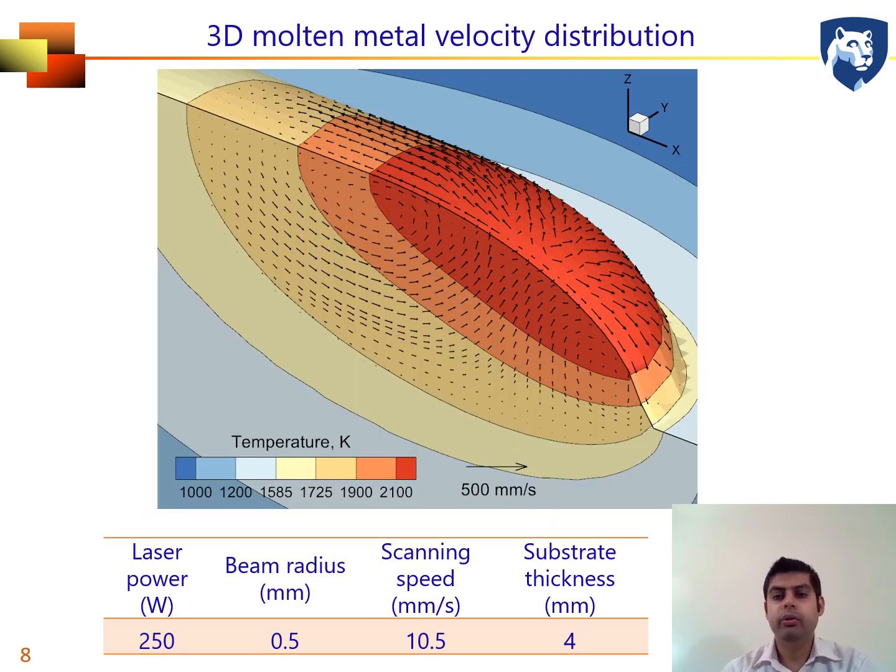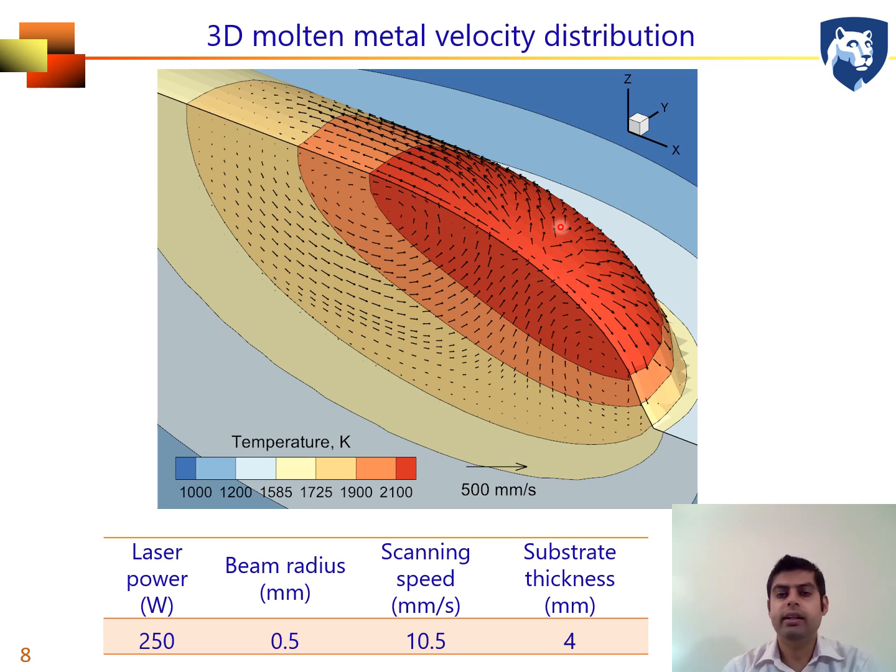As we look close to the molten pool, we can see the temperature is the highest in the region of the heat source, and it decreases as we move further away from the heat source axis. That spatial difference of temperature causes the spatial variation in the surface tension, and that drives the velocity of the molten material inside the molten pool.